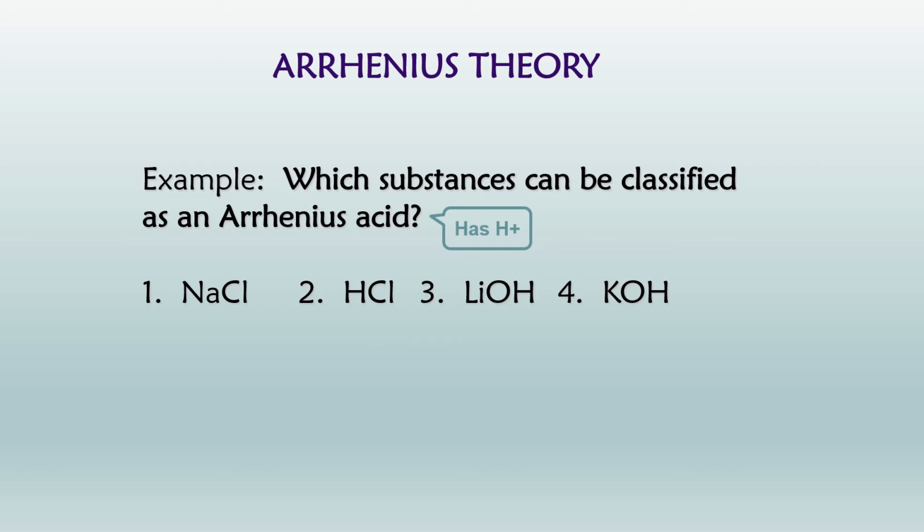So if you look at the 4 options, the only option that does have a hydrogen, which can potentially release the hydrogen ion into the solution is option 2. Option 1 does not have either hydrogen or a hydroxide. Option 3 has a hydroxide, which means it's an Arrhenius base, and option 4 also has a hydroxide, which means that is an Arrhenius base as well.